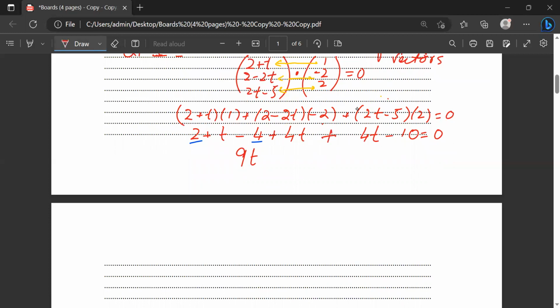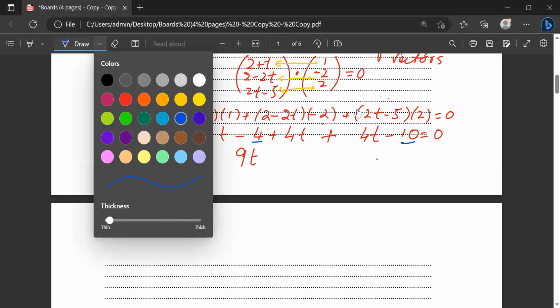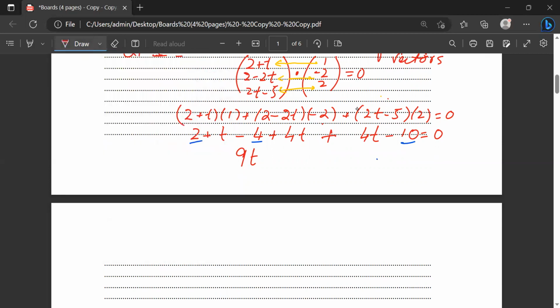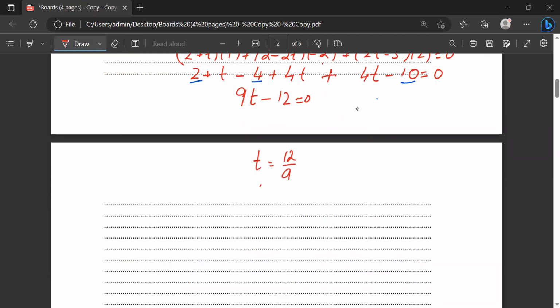So 9T minus 12 is equal to 0, T is equal to 12 over 9. So T is equal to 4 over 3. So this is the value of T for which you can obtain the point.